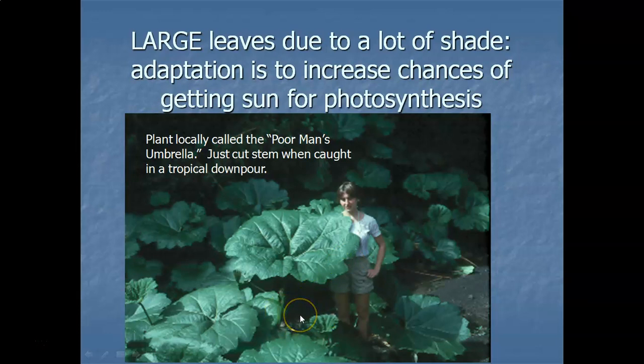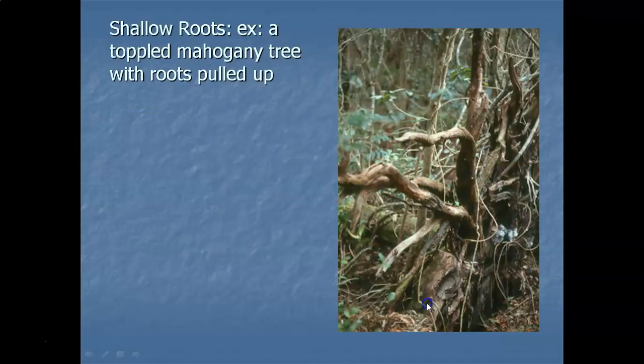If you get caught unexpectedly in a tropical downpour, you just take your machete. Of course, everyone has a machete in the tropical rainforest. And you cut the stalk and use the plant leaf as a poor man's umbrella. And actually, the leaves can even be twice as large as this. I mean, this was just by the roadside.